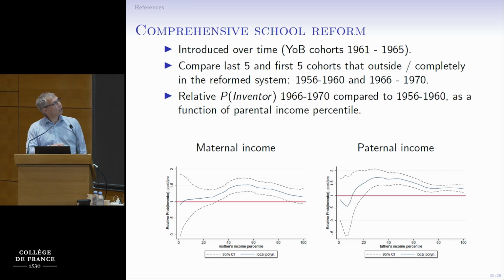What you see on the left is a local polynomial of that ratio estimated over all income percentiles, and here for fathers. What you can see is that it's above 1 for essentially everybody, except at the very left where the estimate is very imprecise. So it seems that no matter what income, the younger cohorts are more likely to become inventors than the old cohorts.